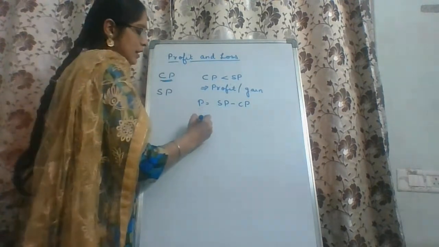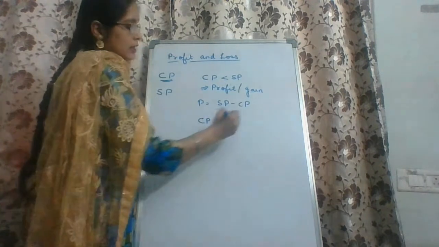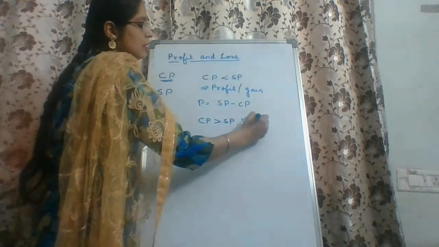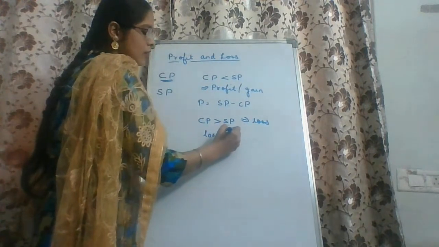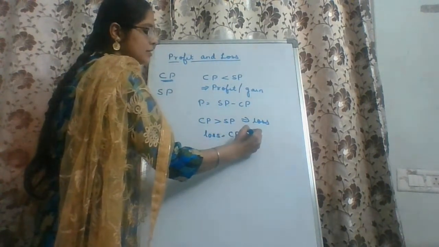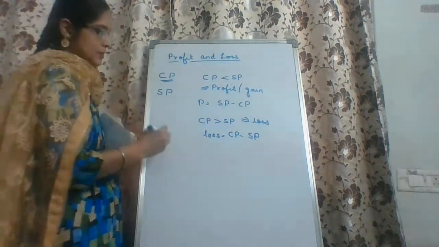When cost price is greater than selling price, then it is loss. Loss is equal to cost price minus selling price. What is profit percent?